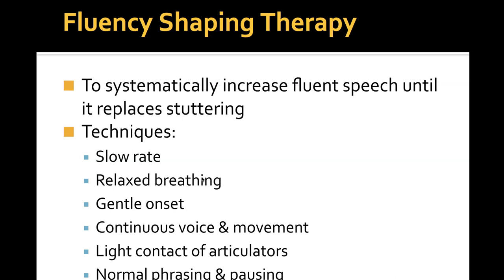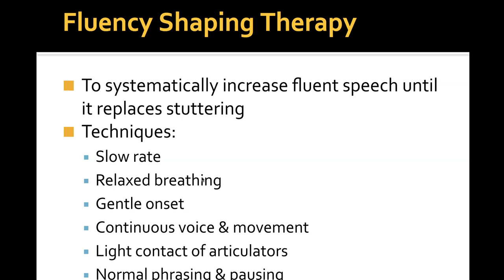So one technique was a really slow rate of speech. You can combine this with relaxed breathing, using really easy breathing.